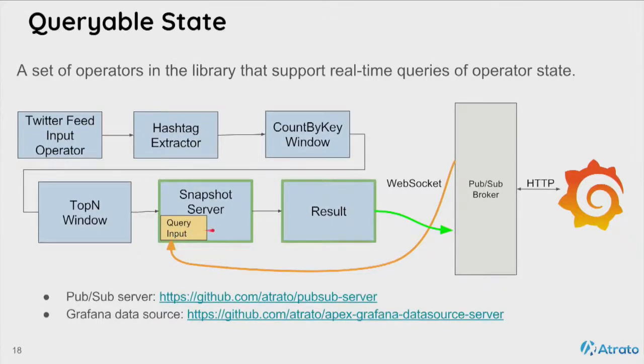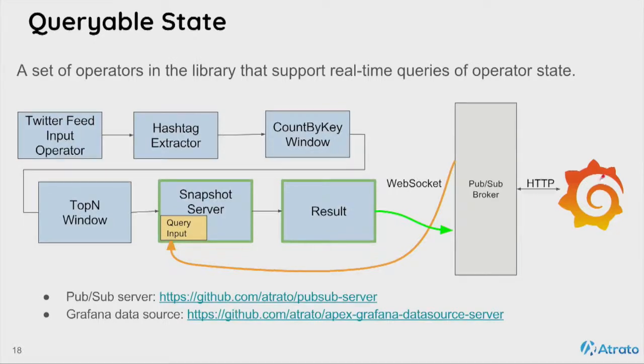So how does the querying work? Here's a bit more detail. So we have the windowing operation, the top N. Then there's something called a snapshot server. That's really the thing that maps to the store operator that I showed you earlier. That's the guy that keeps the data that we can ask questions. And the questions are coming in through the PubSub. This is the orange line. And the results are going back into PubSub. This is the green arrow.